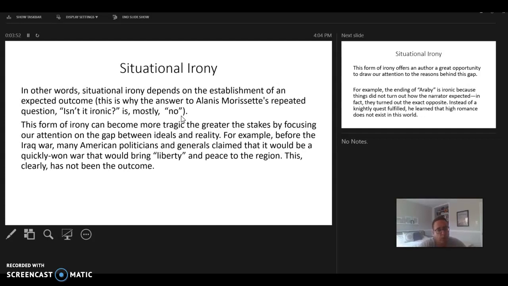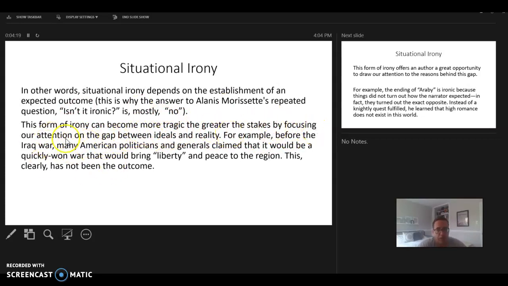More or less, or a very weak form of situational irony. And of course, again, the more you build this up, the more we can talk about it being ironic, right? And this one can become tragic, right? With sarcasm, we're usually talking about humor, but irony is also used to describe darker situations, right? As I note here, it can become more tragic the greater the stakes are built by focusing our attention on the gap between ideals and reality.